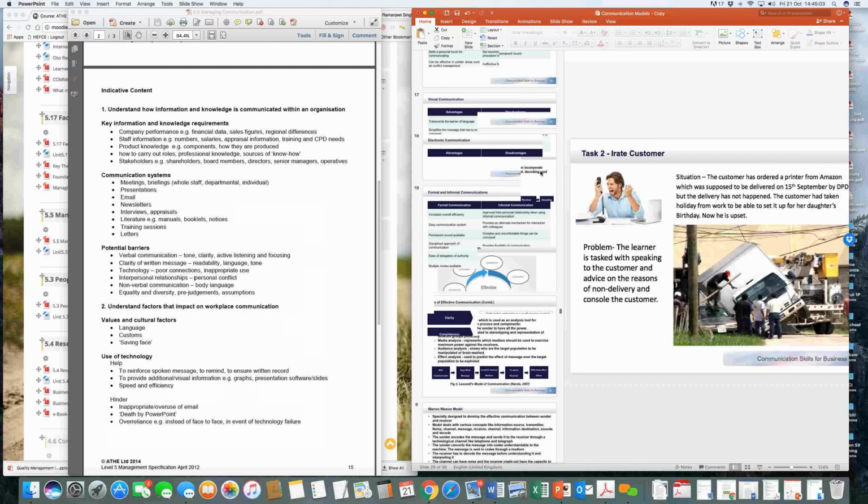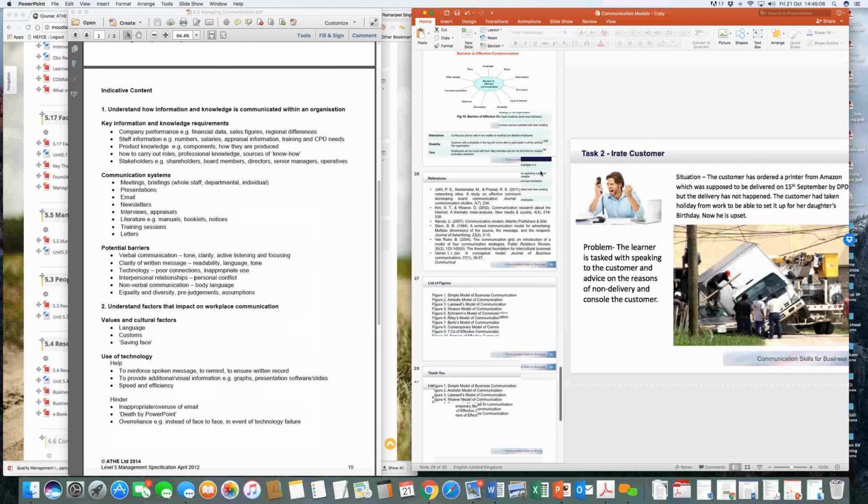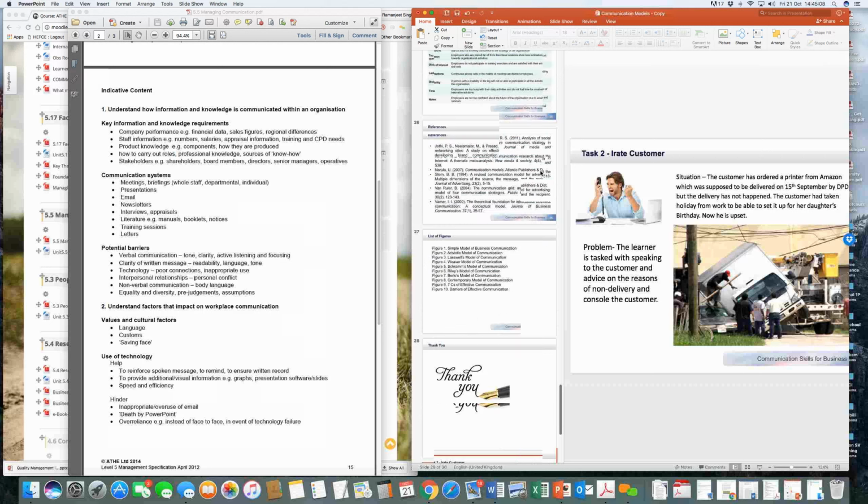You will see that the customer service agent will patiently listen to the customer first, let the customer vent a bit of frustration, and then use a bit of empathy and emotion to explain that it's not just yourself, but there are a lot of other deliveries affected because the DPD lorry or truck which was supposed to deliver has broken down, and we've received the information at such and such time. We do apologize.